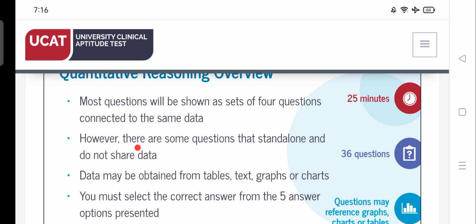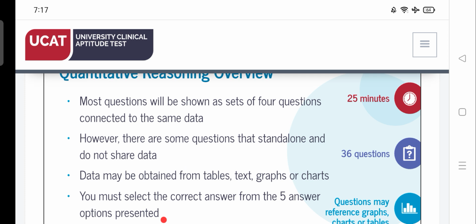However, there are some questions that stand alone and do not share data. Data may be obtained from tables, text, graphs, or charts. You must select the correct answer from the 5 answer options presented. Okay, so there are some questions that have only a single set of data to solve more than one question.